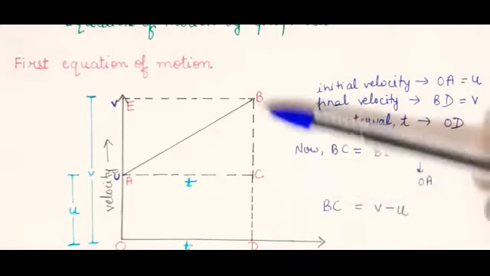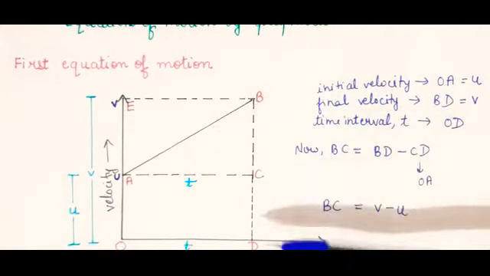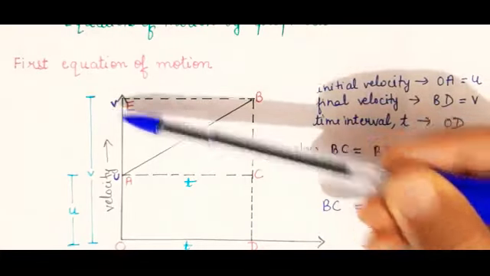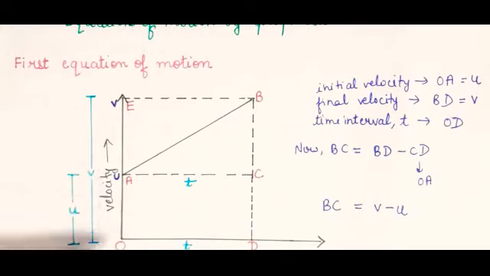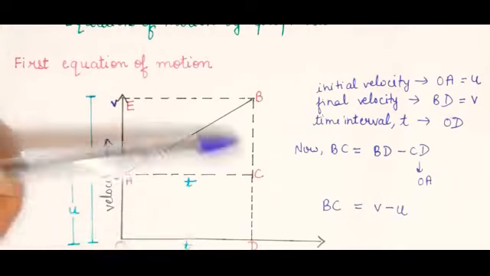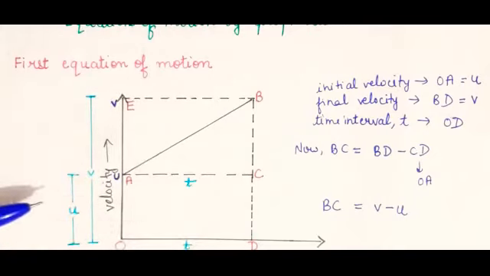OA is U, and OE or BD is V, the final velocity. The time interval T is represented by OD.